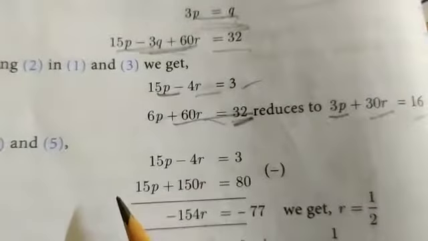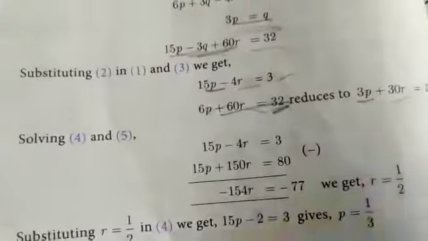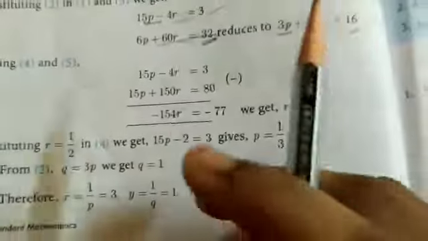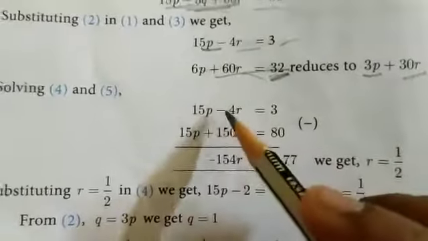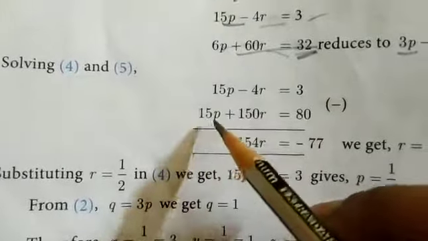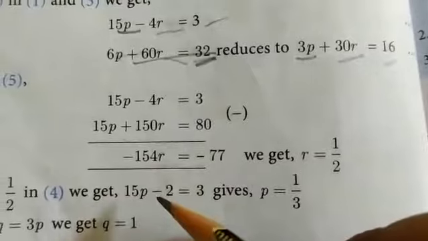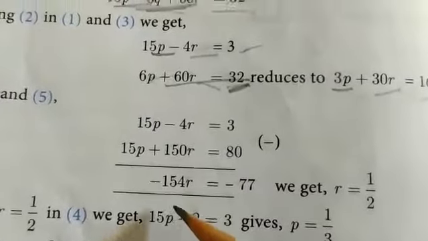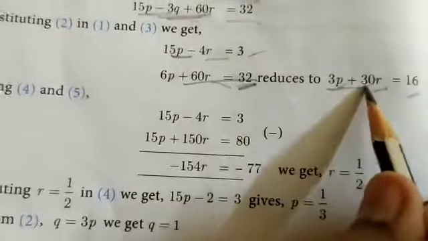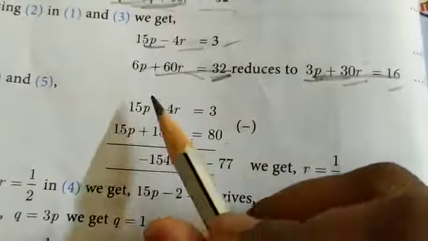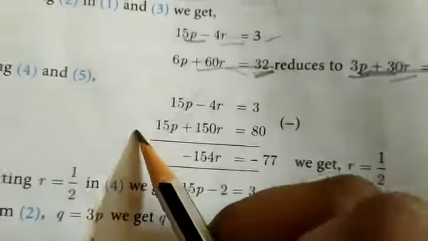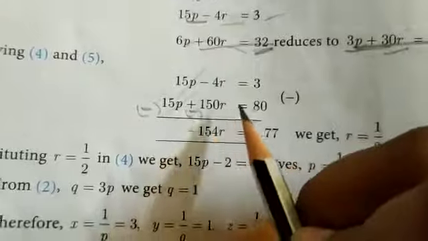So now by solving equations 4 and 5. These two are the equations 4 and 5. So now when you solve it, you will get 15p minus 4r equal to 3 and 15p plus 150r equal to 80. Now this equation is multiplied by 3 and written here to cancel 15p and 15p. When you subtract, the sign changes and you can cancel it easily.